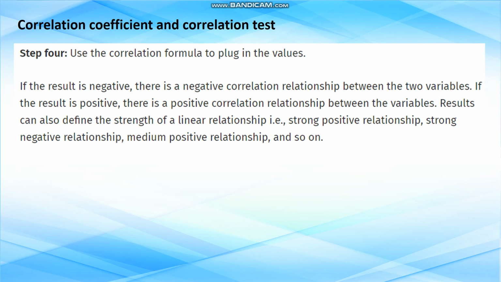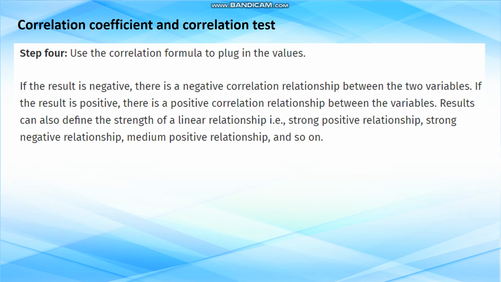Very simple. If the result is positive, like 0.5, 0.7, or even 1, there is a positive correlation relationship between the variables.